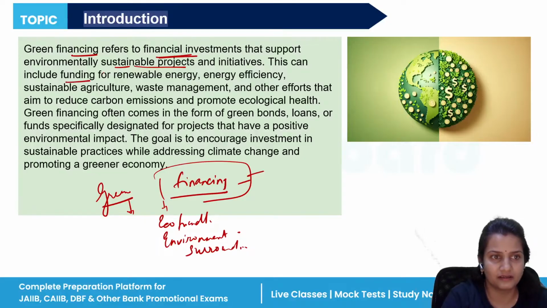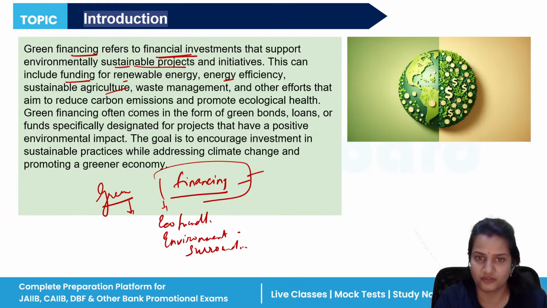The funding can include funding for renewable energy projects, energy efficiency, sustainable agriculture, carbon emission reduction projects, water saving projects, any kind of green bonds you are issuing, any kind of green loan. The goal is to encourage investment in sustainable practices while addressing climate change and promoting a greener economy in the nation.